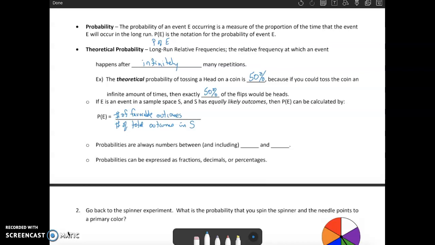That's how you calculate a probability. How many total ways could this happen? And then on top, how many are specifically favorable to what we're talking about, this event.